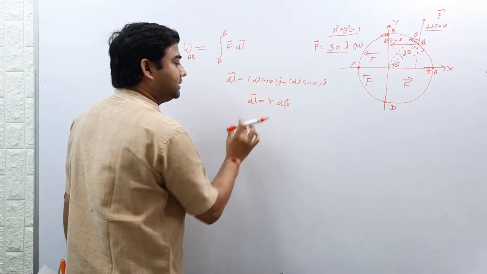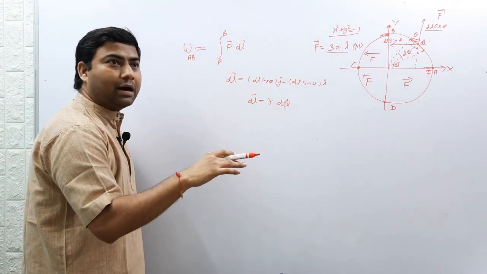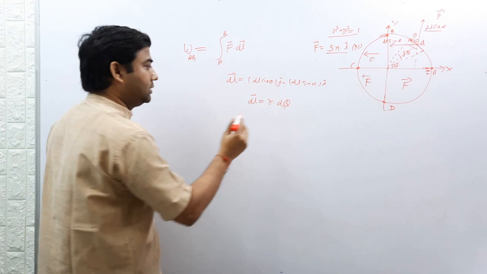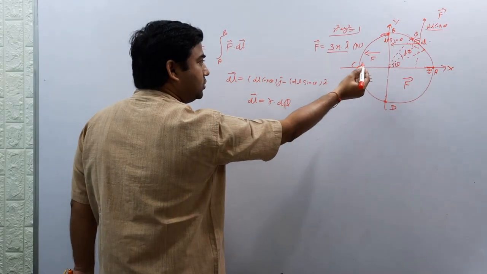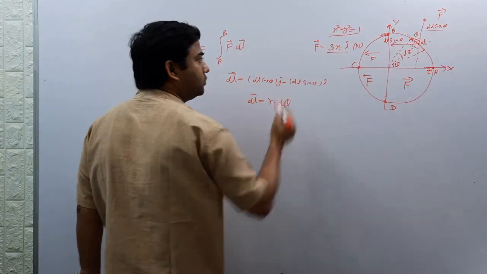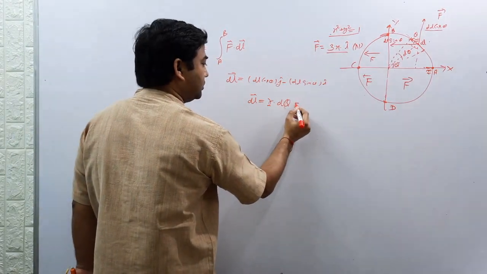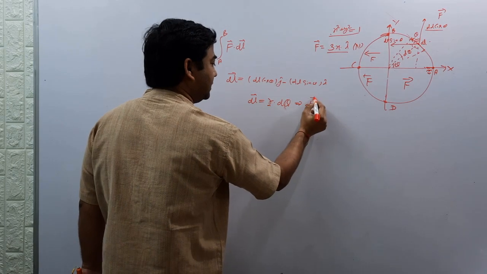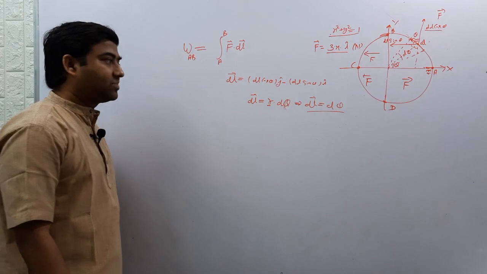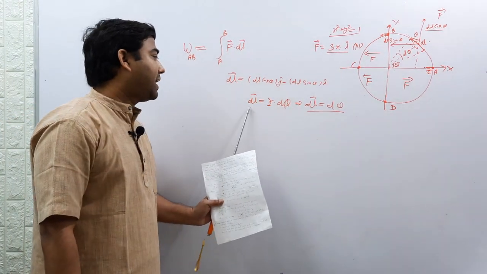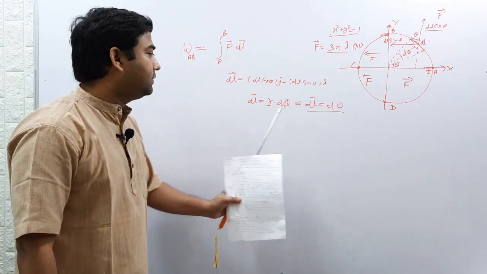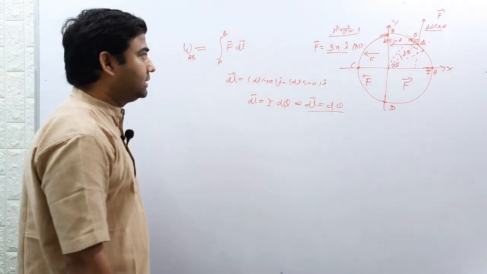That is the simple formula of arc and the angle subtended by that arc at the center of the circle. Here the radius of the circle we have assumed 1, x square plus y square equal to 1. So this radius is 1, and this can be written as dl is equal to d theta. By the relation of arc and angle subtended by arc at the center, we have found dl equal to d theta.